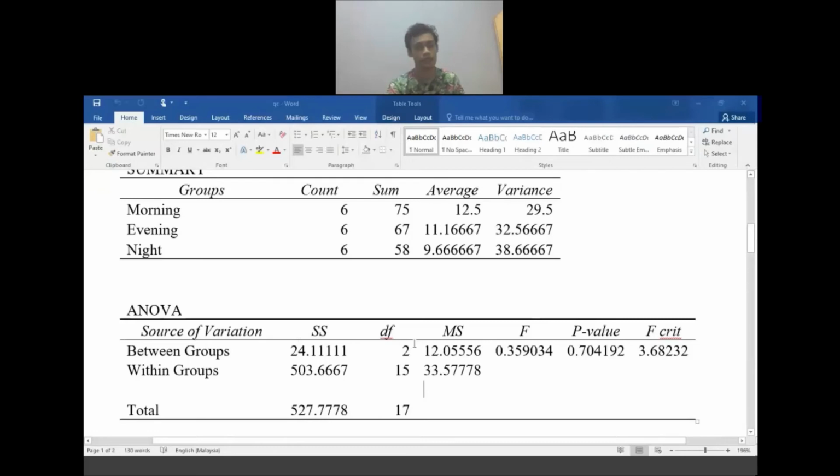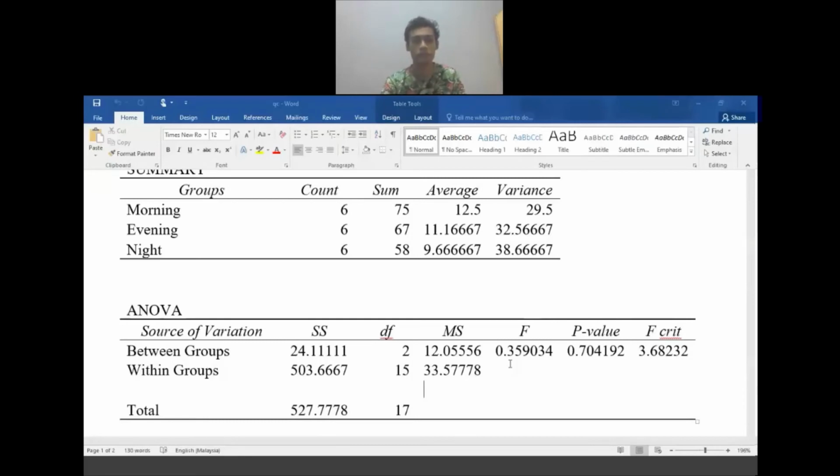But when using the formula, we will stop at F, which is the MS between groups divided by MS within groups. So 12.0556 divided by 33.5778 produces the F value 0.359034.